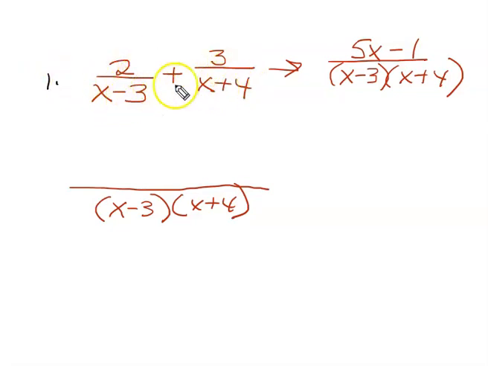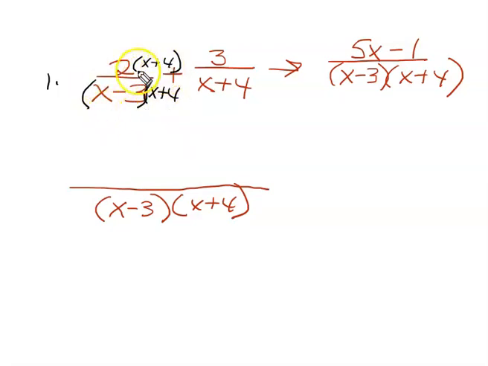And that doesn't change the value of the fractions. It just makes them an equivalent fraction with a new denominator. Well, what form of 1 would I multiply this one by to get this denominator? Well, it's missing this part. So I'm going to use the form of 1 of x plus 4 over x plus 4.